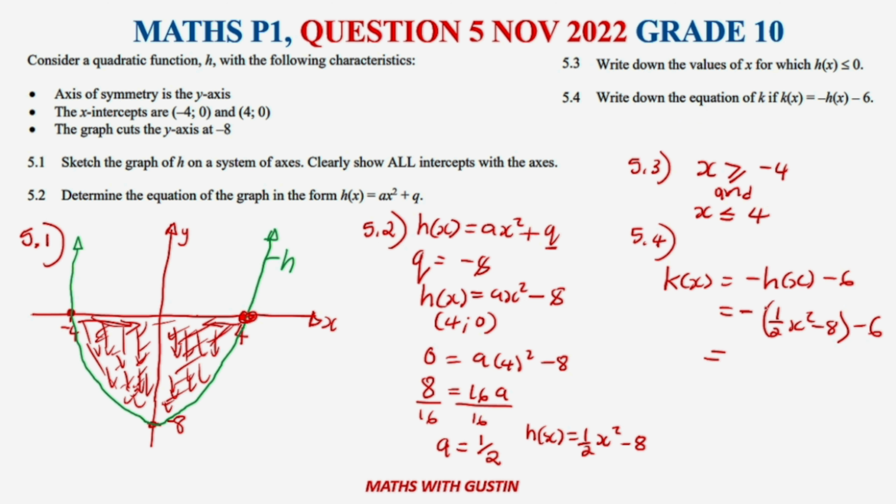Therefore, you simplify it: negative times half x squared is negative half x squared, and negative times negative 8 is plus 8, minus 6. Therefore, you're left with k of x equal to negative half x squared. 8 minus 6 is going to give us 2. Therefore, you're going to have plus 2 there. And that's how you would deal with this question.